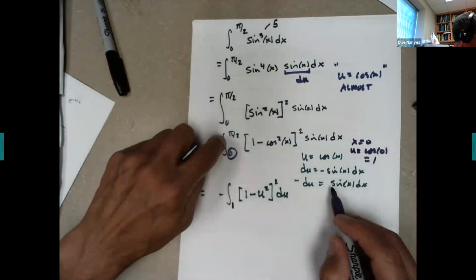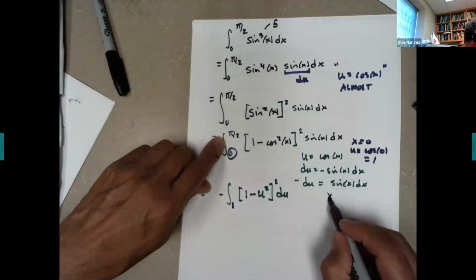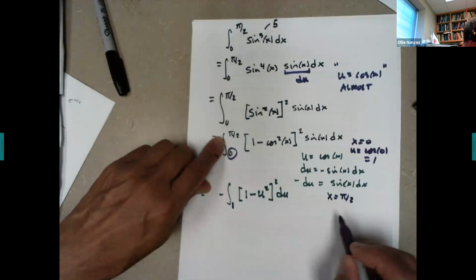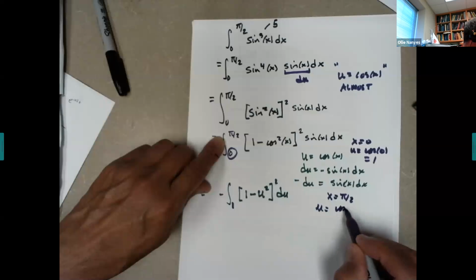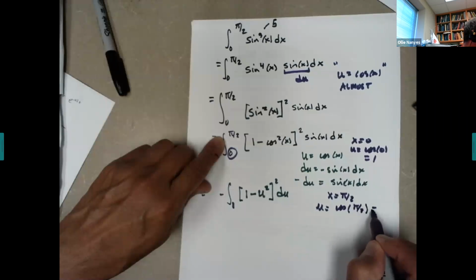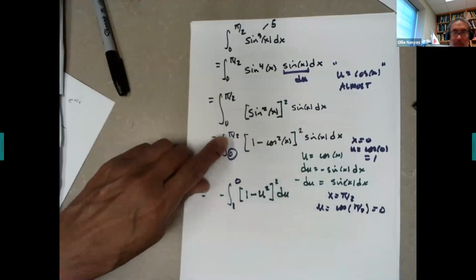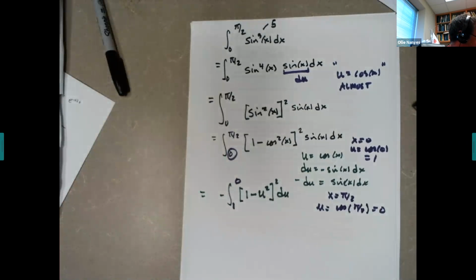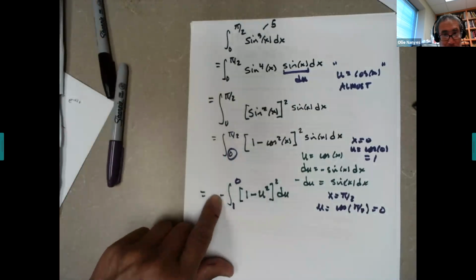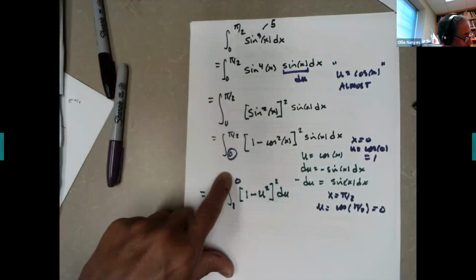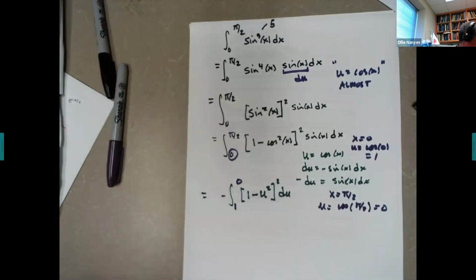On the other hand, at the upper limit, where x is pi over 2, u is cosine of pi over 2, which is 0. Now notice this negative works very well for us because this negative can invert these signs here.